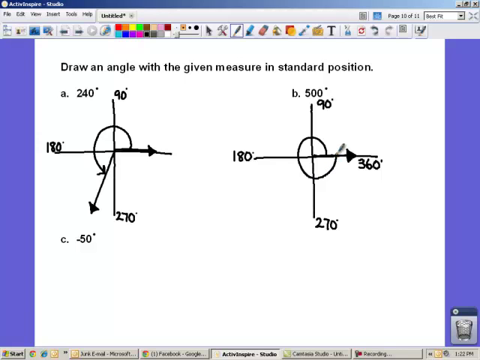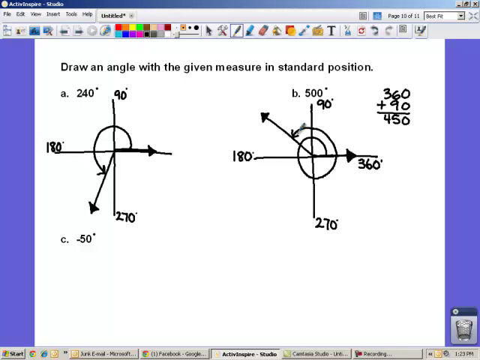Now if we go another 90, so 360 plus 90, that's going to put us at 450. So we do have to go to at least 90. And we need about 50 more degrees. Now remember, from here to here is 90, so halfway would be 45. So just a little bit past halfway. And then we have the open arrow. That's what the angle would look like for that.